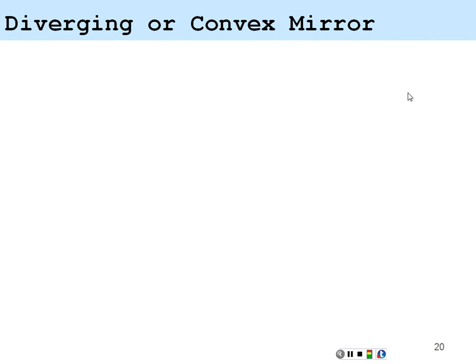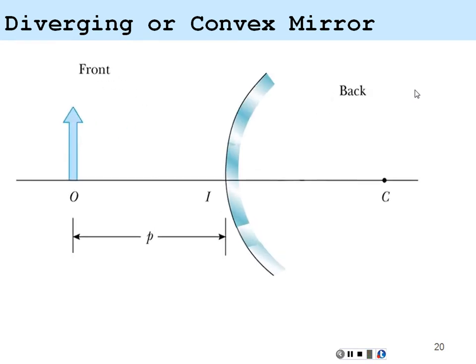What about a diverging or convex mirror? Let's apply our ray diagram to this. In a convex mirror, the convex side of the spherical surface is mirrored. Here we have an object in front, and if we had a ray coming into this mirror as if it were to go to the center of curvature on this other side, it's going to hit, at least locally, on the mirror in a perpendicular sense, and it's just going to reflect right straight back out.